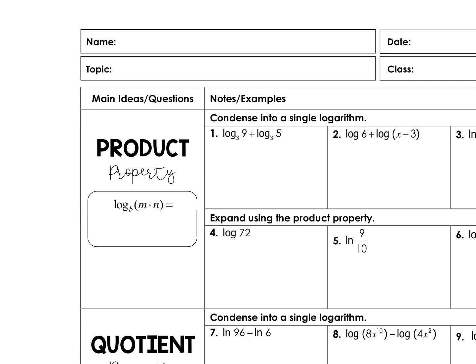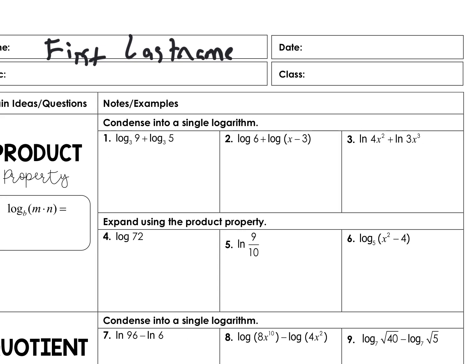So when you go to this page, I don't know why I have to keep telling you, but you need to put your first name, print it neatly, and your last name, and the date that we're starting this lesson, whether you're in class or you're going to do it at home because you took the day off because of the weather.